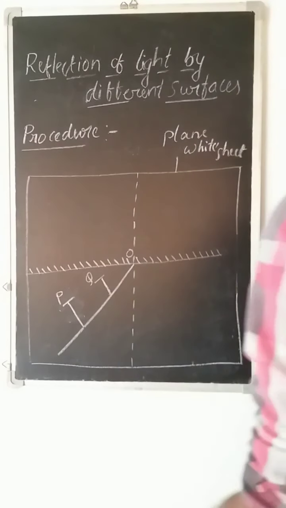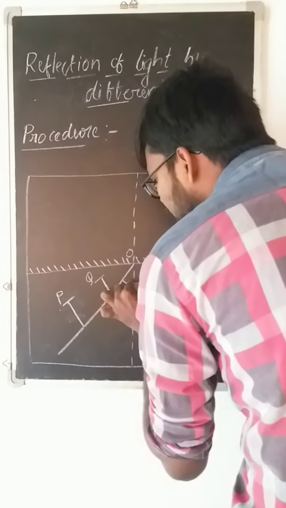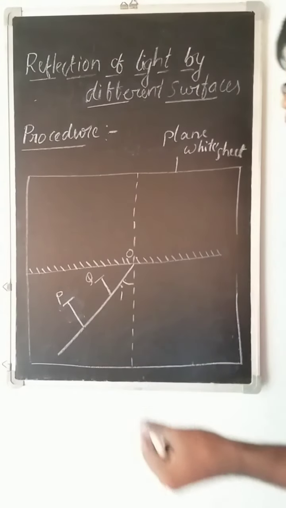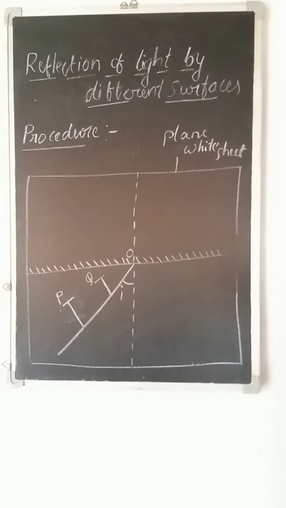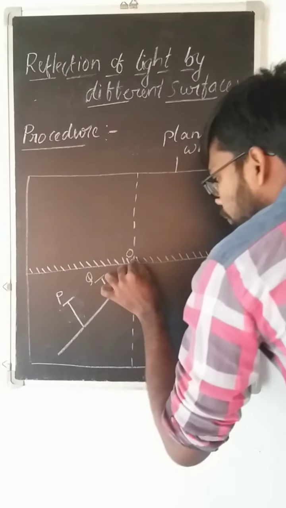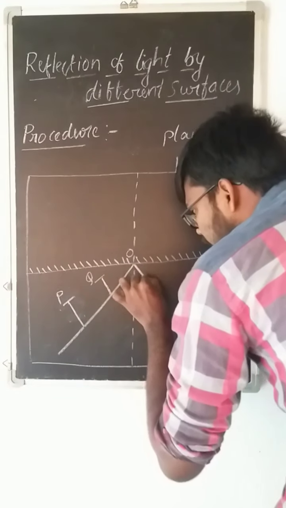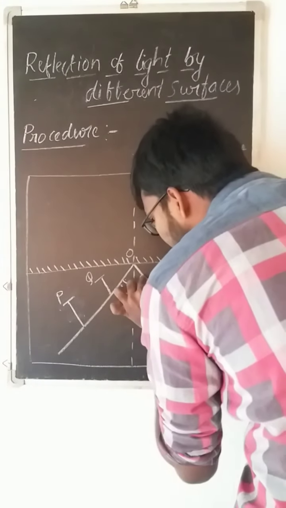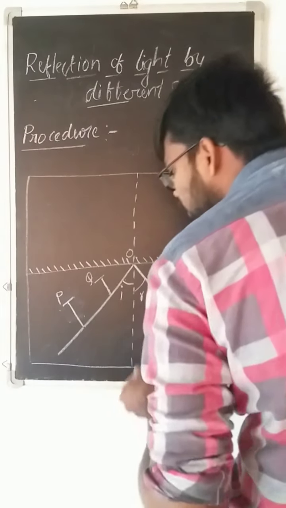Now, this is the angle of incidence. We already know that from Snell's law, the angle of incidence is equal to the angle of reflection. So what will happen? The incident ray as well as the reflected ray will form in this way, and this is known as the angle of reflection.